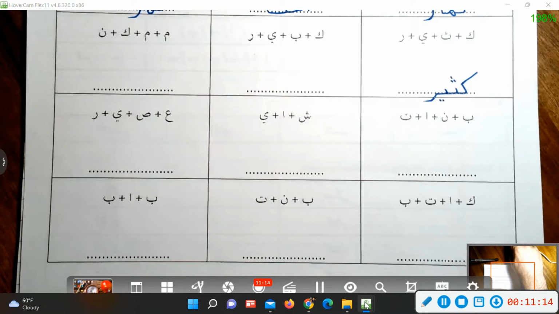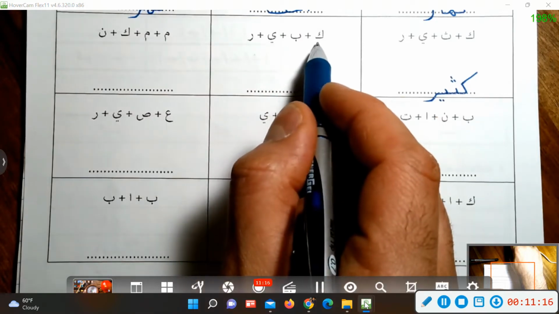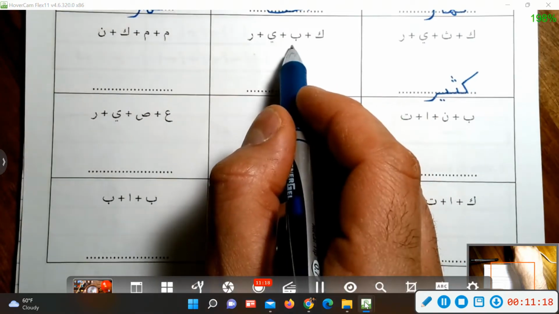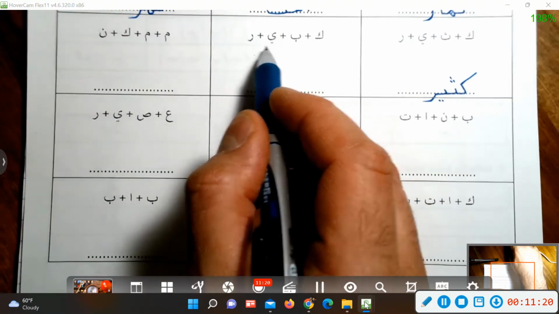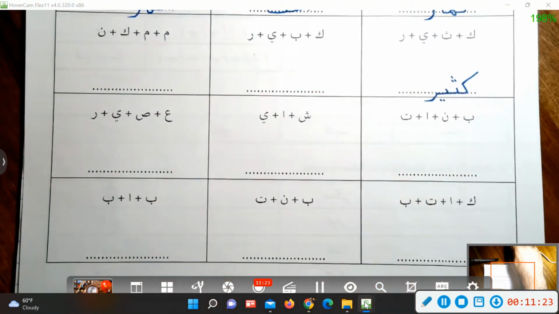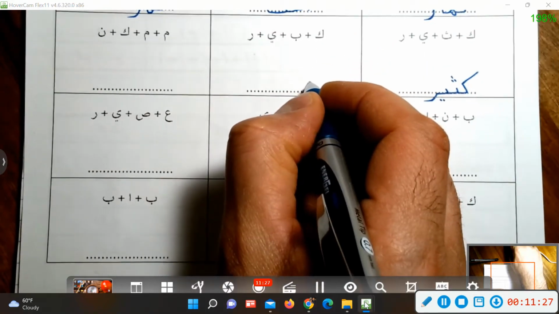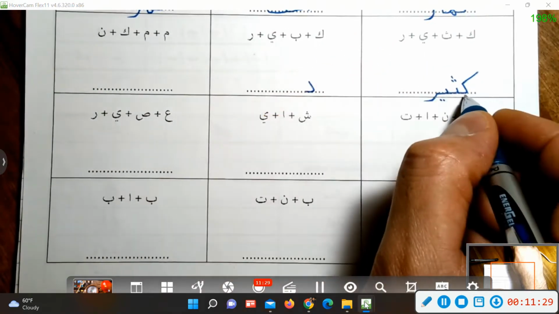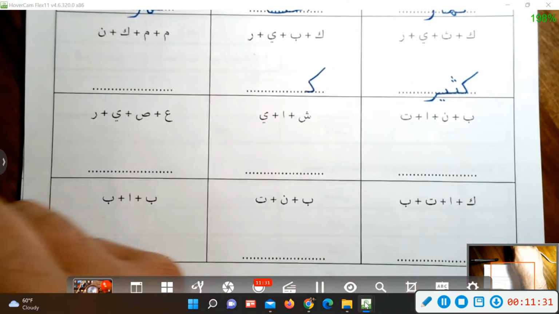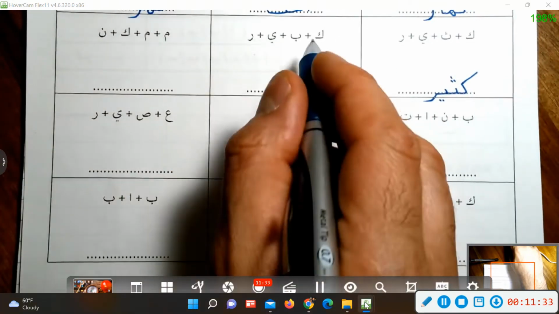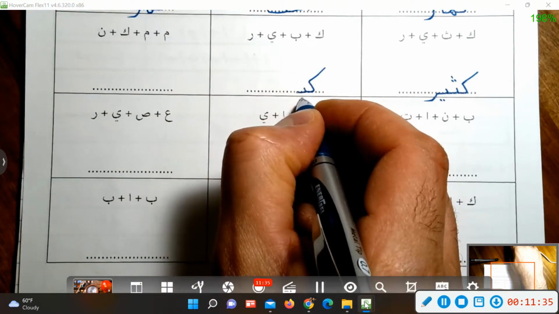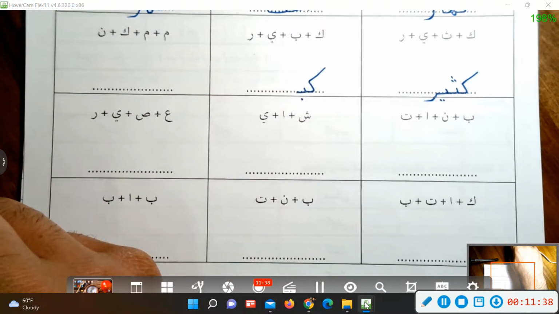Next word, kaf, ba, ya, ra. We start with the kaf, like kaf here, and then the ba, as we said, a tooth with extension.